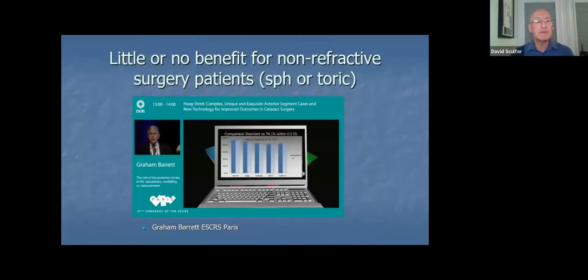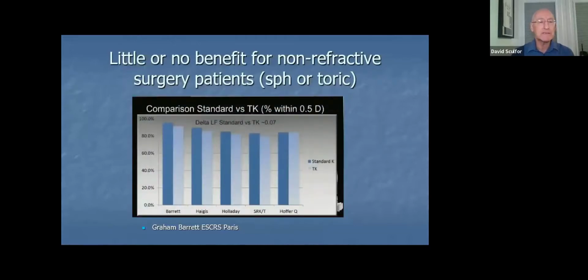So he found that even with his own formula, there was little or no benefit for non-refractive surgery patients, and in fact they did slightly worse for patients who weren't having a toric lens. With the toric lens, then you did gain a little bit. So there's his comparison, and as you can see, although there does appear to be a difference, almost certainly it's not statistically significant.